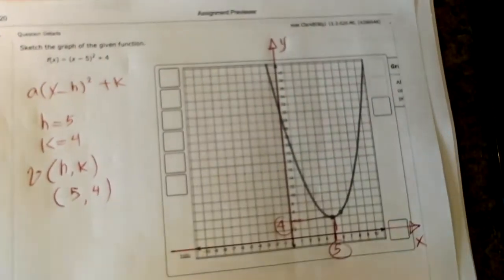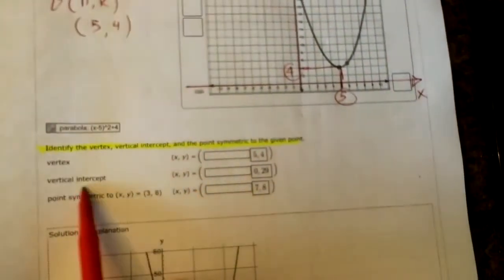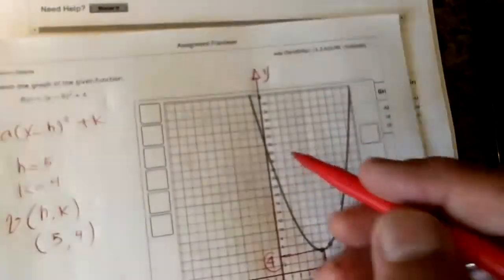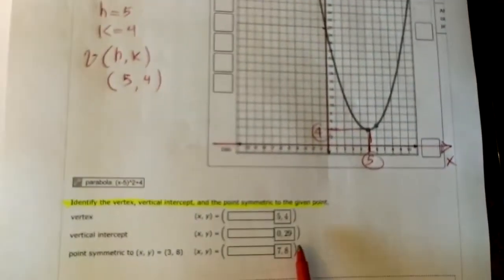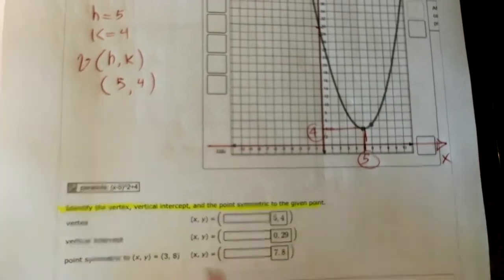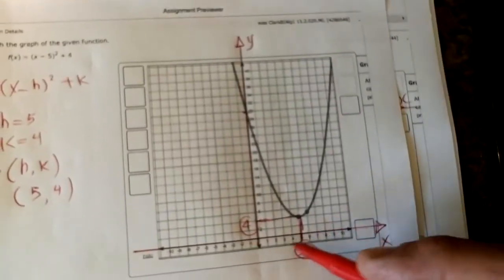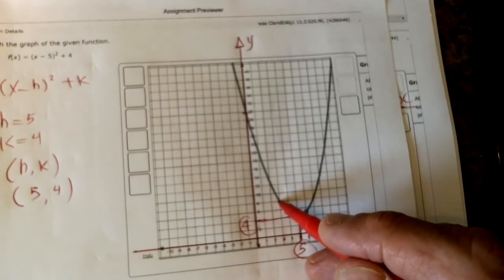And then it said find a point. First of all, the vertical intercept. What is the vertical intercept? This point, the point that hits the graph, right? Which is 29. What is the symmetric to 3 and 8? 3 and 8, again, you just find 3 and 8 somewhere here.